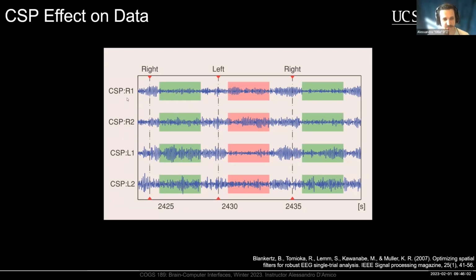dimensions. So in this case, we took the two top filters from left and right, so we have 4 different dimensions. Most of the time it's going to be 6 dimensions. So we've taken this very high, maybe like 64 or 128 dimensional space of our sensors, right?